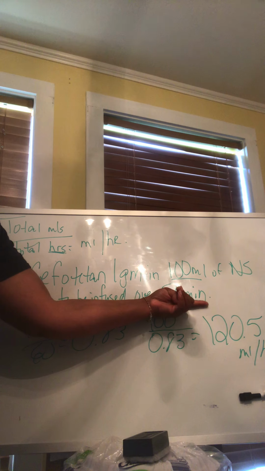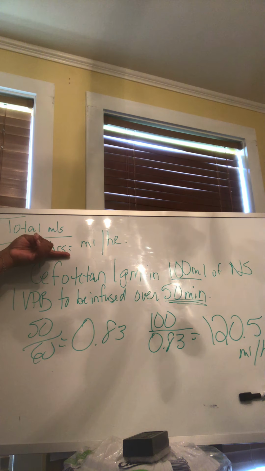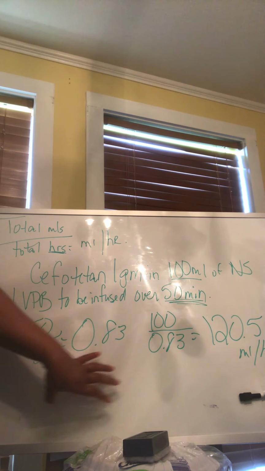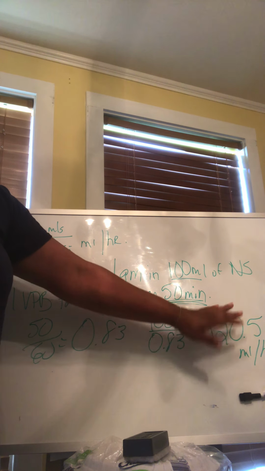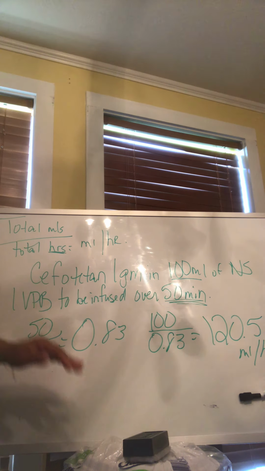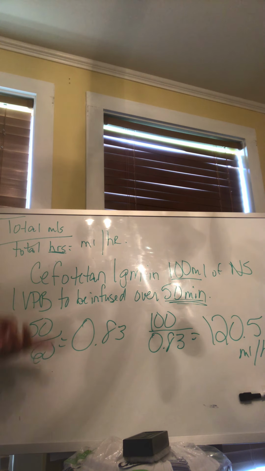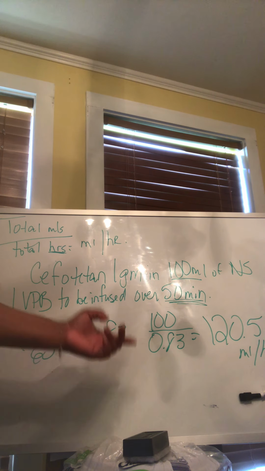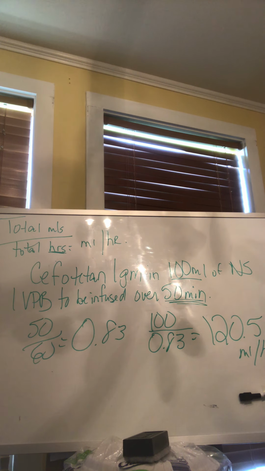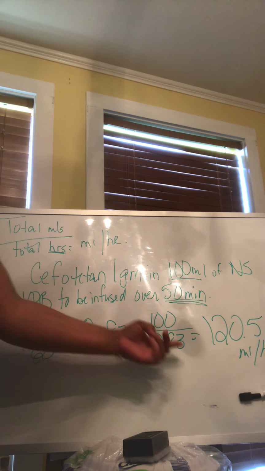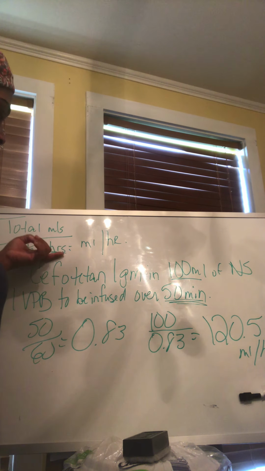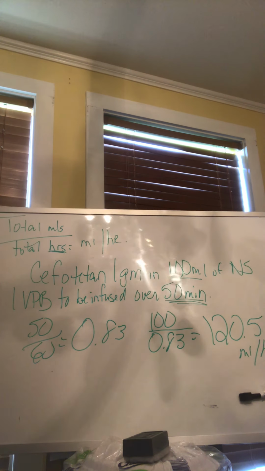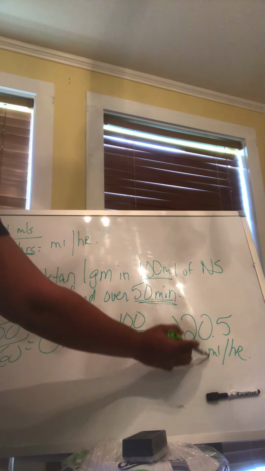Okay? Again, this is in minutes, and we need to convert it into hours. If you're doing dimensional analysis, then your problem would be a little bit longer because you need to cancel out the minutes. Again, I just converted minutes into hours, 0.83. And then once I figured out the hours, I go back and plug in my problem to give me 120.5 milliliters per hour.